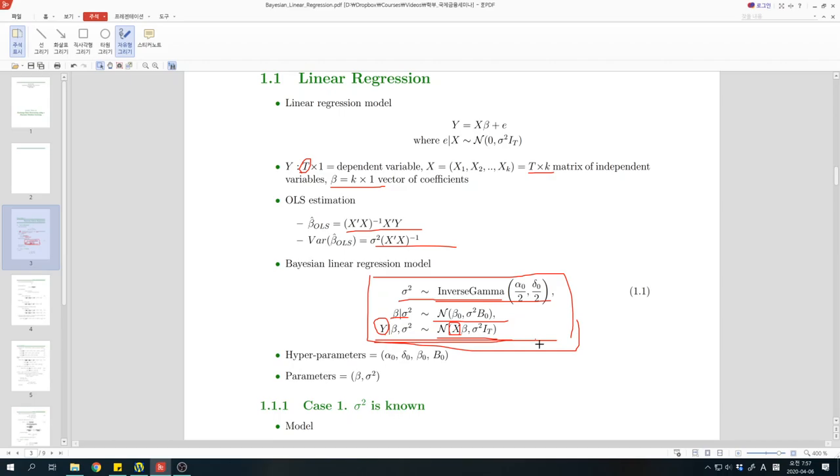Then check whether the data generating process is convincing or sensible from your intuition or theories from microeconomics and macroeconomics, or just intuition. If there's anything you don't think is sensible or convincing enough, then there must be some problem, and then you can improve it or criticize it. So yeah, this is a Bayesian linear regression model.